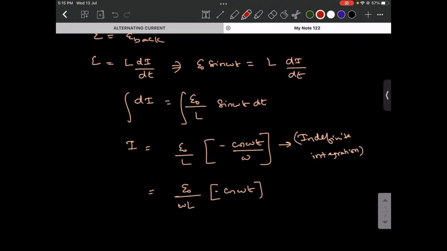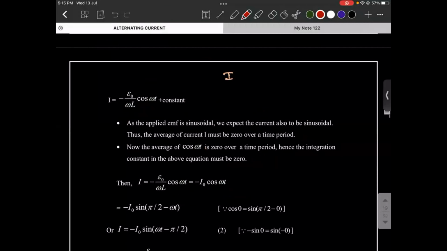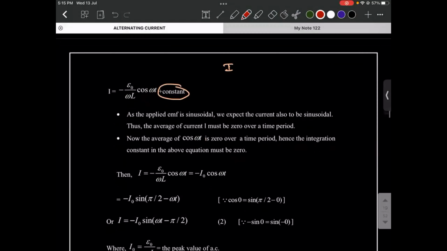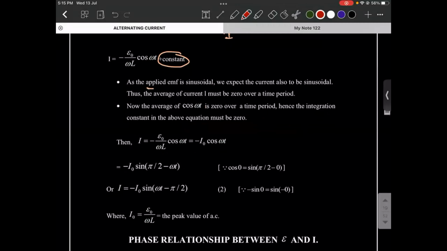If you're taking indefinite integration, meaning without the limits, you're going to add the constant. If you add the constant, let's say, then what you can say is you're applying the voltage, right? The applied voltage is a function of sine.